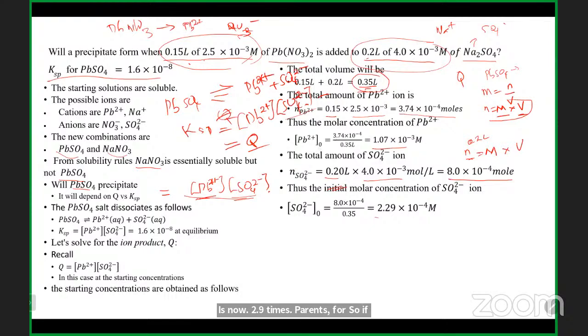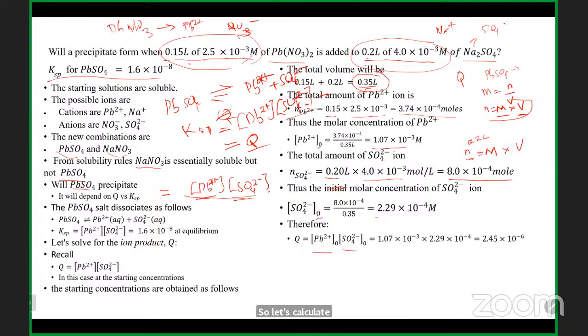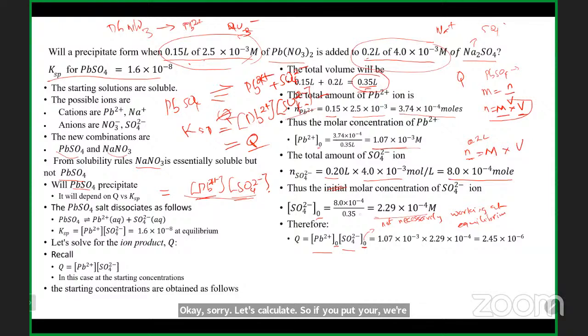If you notice, I have used Q to tell us that we are not necessarily working at equilibrium conditions. So let's calculate Q with the values that we have. 1.0 times that gives us 2.5.